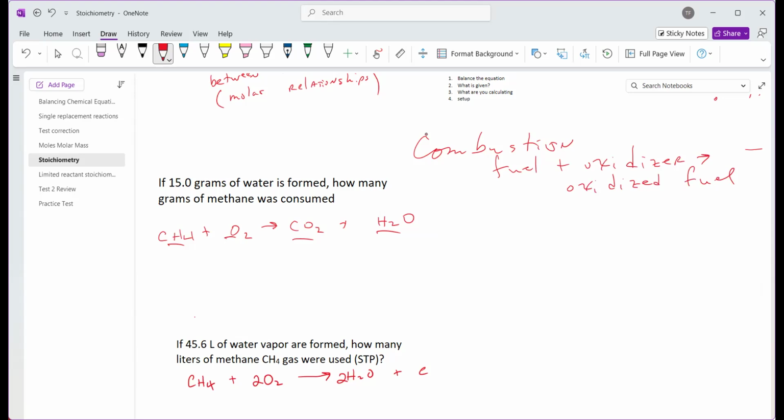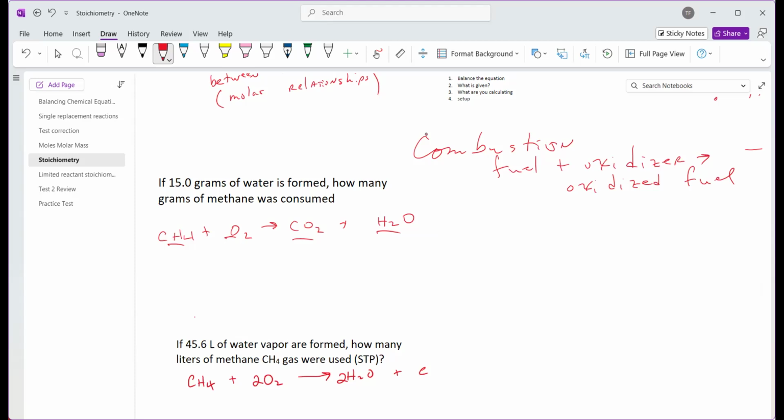So methane, CH4, is the fuel, O2 is the oxidizer, and oxidized carbon is CO2, oxidized hydrogen is water. But normally, we don't talk about fuel and oxidizer, we talk about combustion, oxygen plus fuel gives us water and carbon dioxide. Like when you burn gasoline in your car. When you turn on your water heater where it burns methane, if you have a gas stove, same thing, combustion.